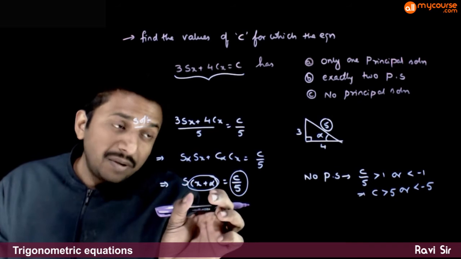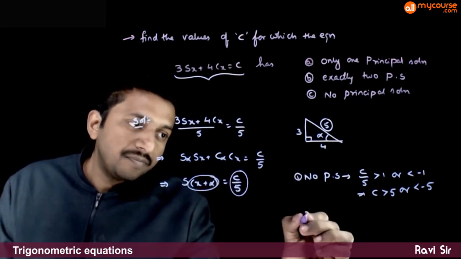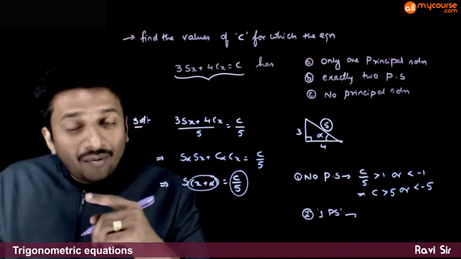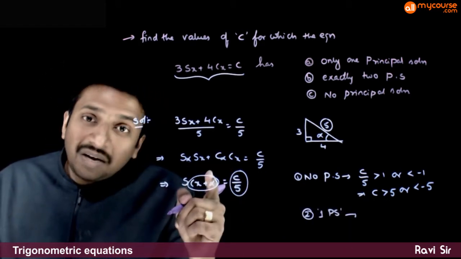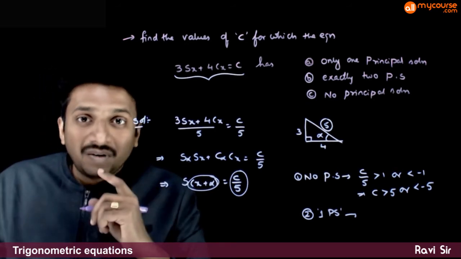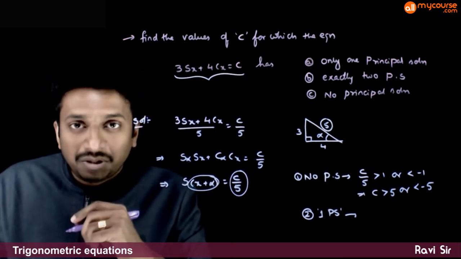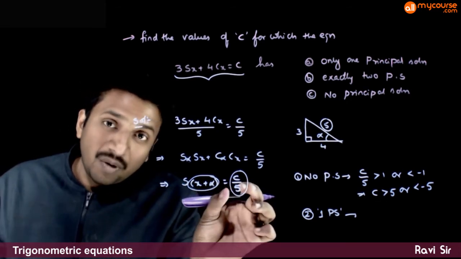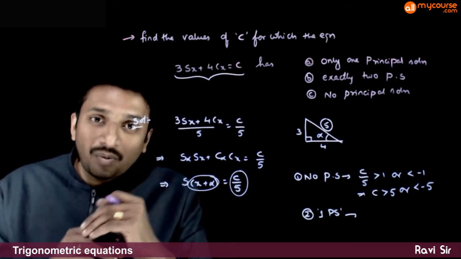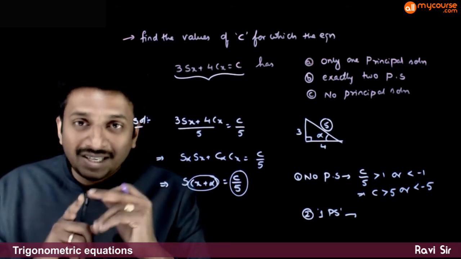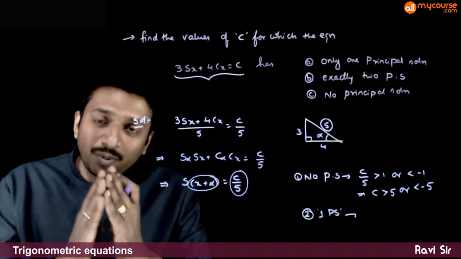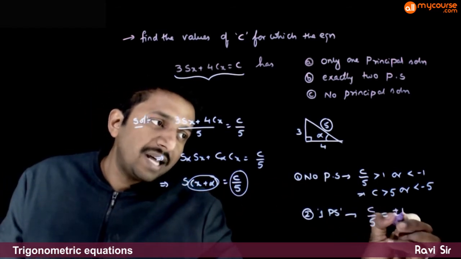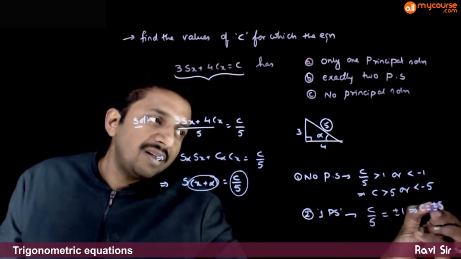Next, if this has to have exactly one principal solution, we have already seen that sin x is equal to plus 1 and sin x is equal to minus 1 have only one principal solution. For all other values, you have two principal solutions. So if sin x is equal to 1 or minus 1, the maximum and minimum values, you have only one principal solution. That is pi by 2 and 3 pi by 2. You won't have multiple positions for that. So one principal solution if c by 5 is equal to plus or minus 1, that is c is equal to plus or minus 5.